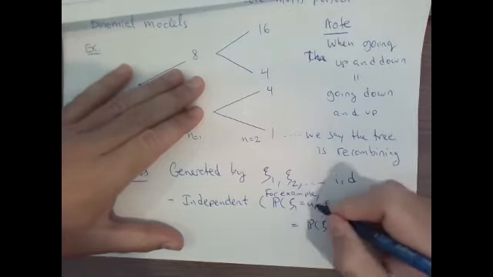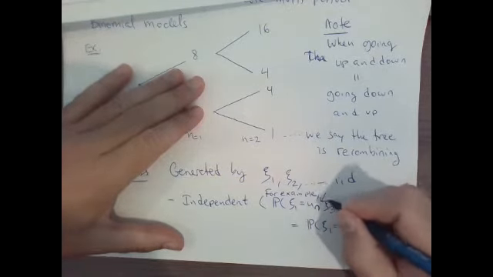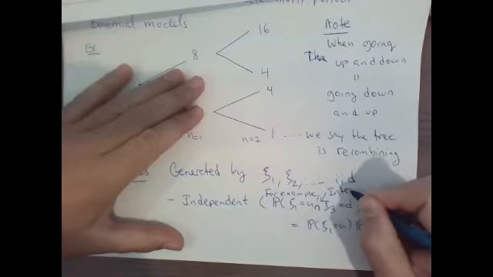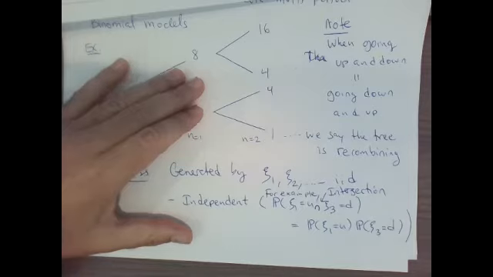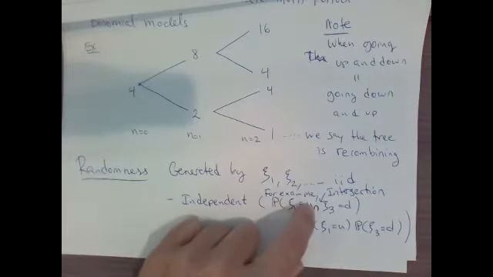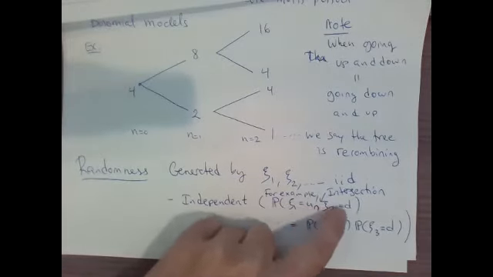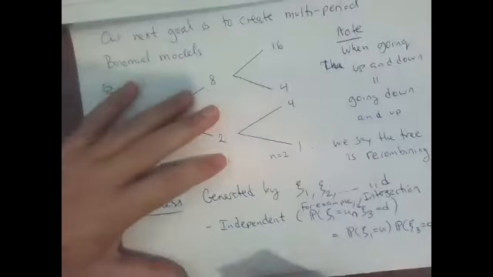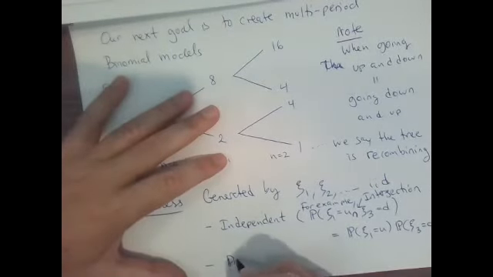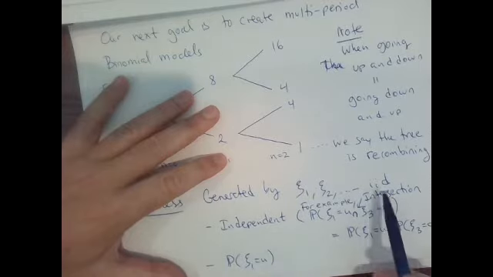Right, this is the intersection. So the probability of psi1 being u and psi3 being d, you can compute that probability simply by taking products. The probability that psi1 is u, so this is what it means to be independent.